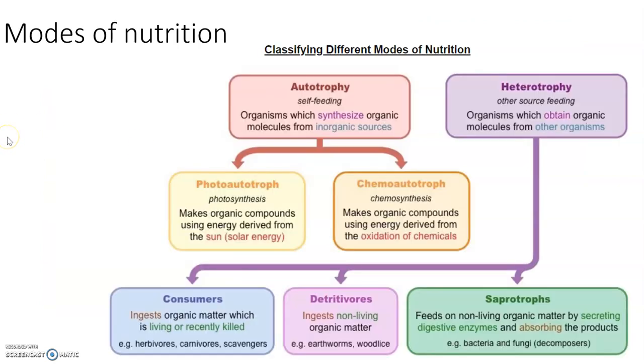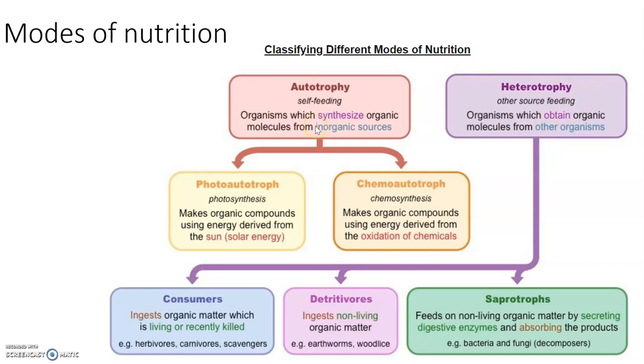And then just to sum up, because some of the important concepts that you should know have to do with modes of nutrition, ways that organisms get the organic matter that they need, right? So the two primary modes of nutrition are that some organisms are autotroph and some organisms are heterotroph, right?